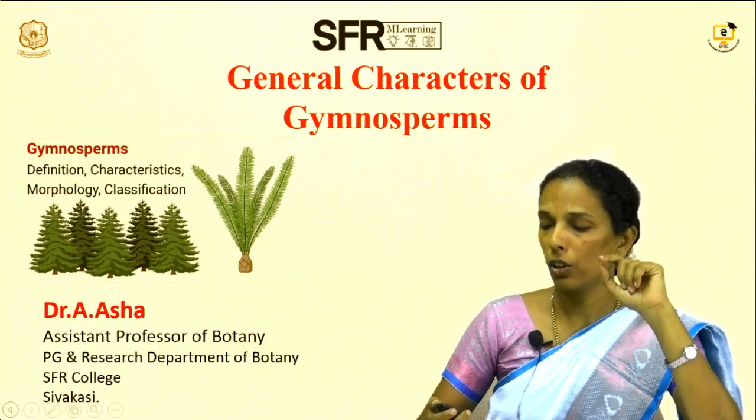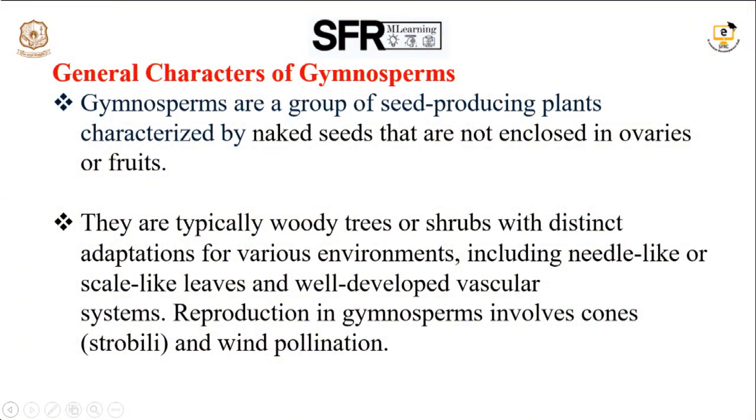Okay, so the general features of gymnosperms: they have naked seeds and are woody trees. The gymnosperms bear ovules only in cones. Among gymnosperms are found some of the tallest plants in the world.